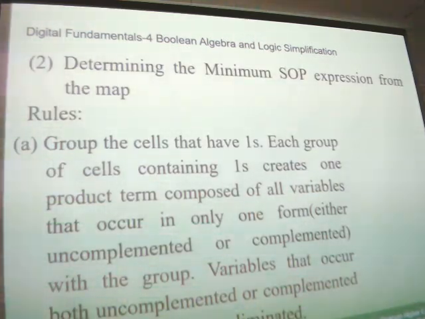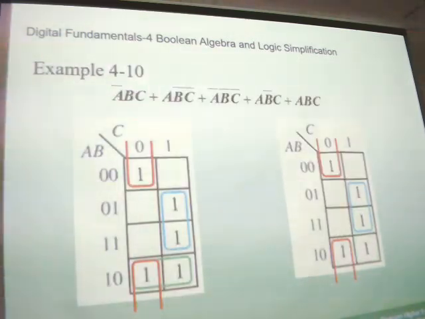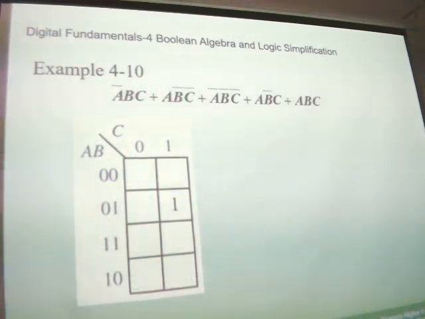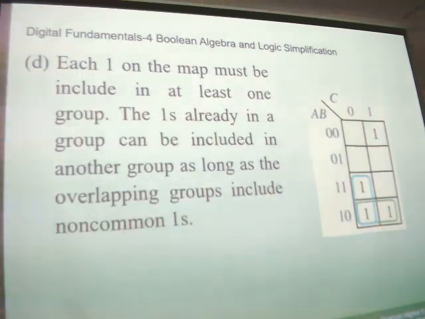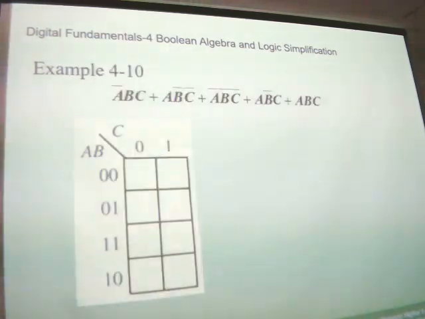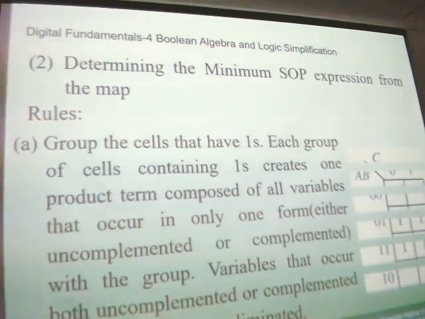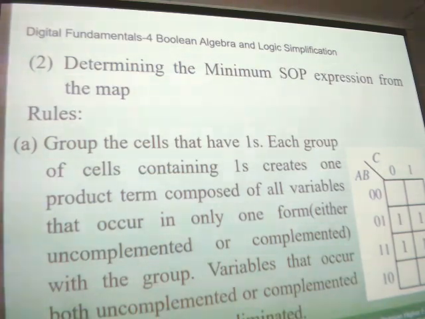Then, if we have grouped the expressions, we can use Karnaugh to determine the minimum SOP expression. The rules are: group the cells that have ones.